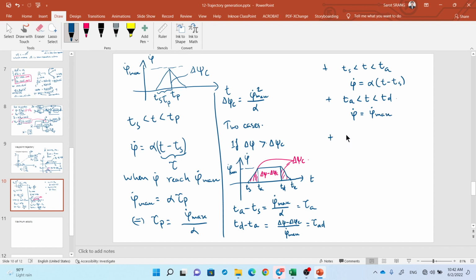Simple. And then from td to te, psi dot equals minus alpha times t minus td plus psi dot max, and then for t greater than or equal to te, it equals 0.